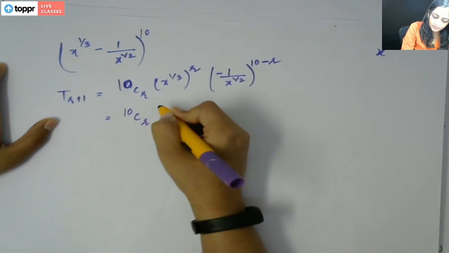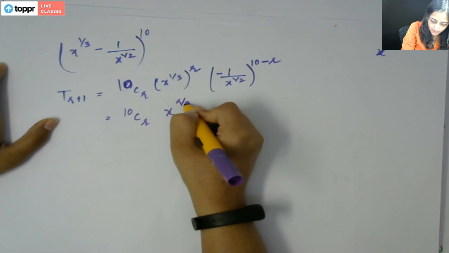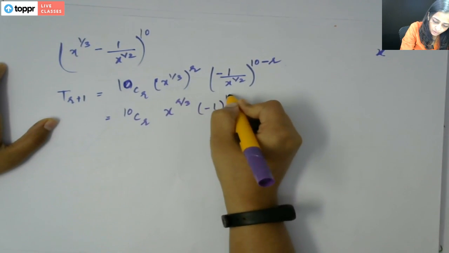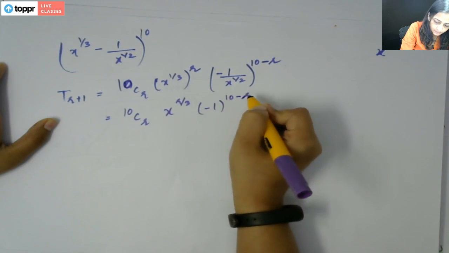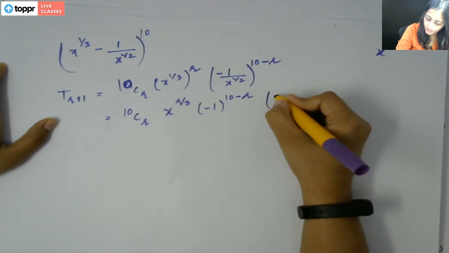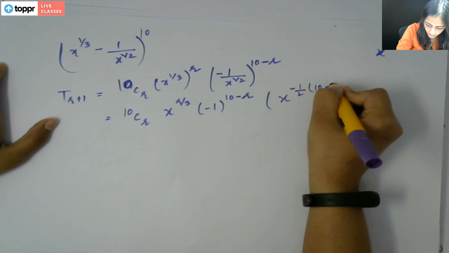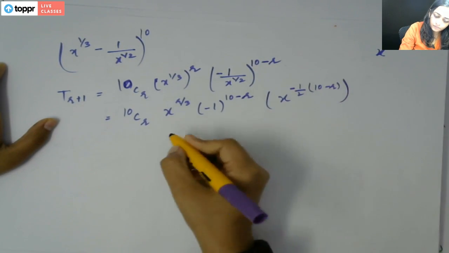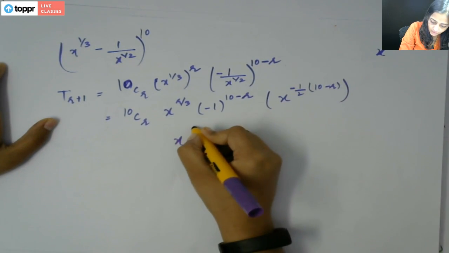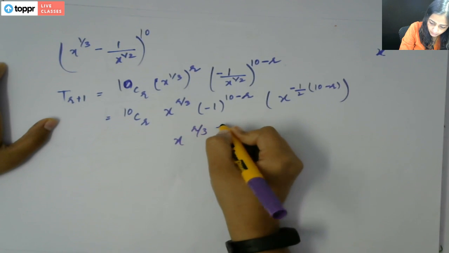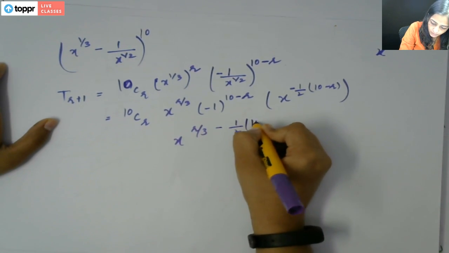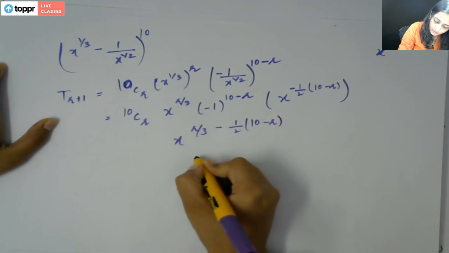So it is x raised to the power r/3 times minus 1 raised to the power 10 minus r, and x raised to the power minus 1/2 times (10 minus r). So the coefficient of x would be r/3 minus 1/2 (10 minus r).